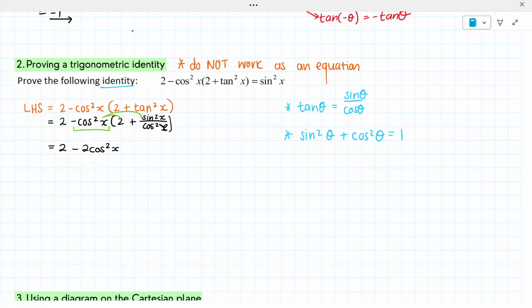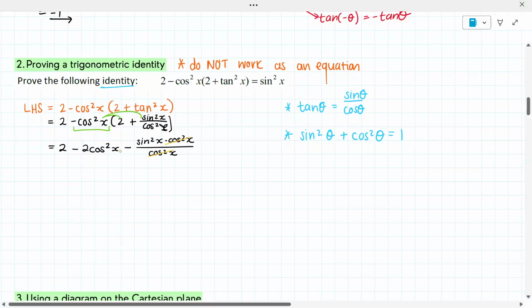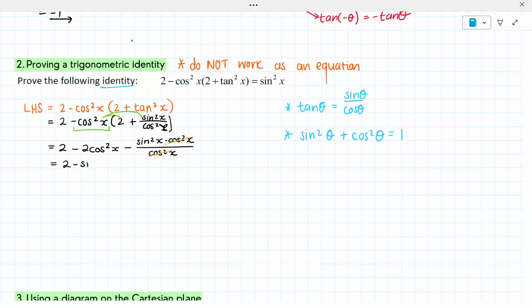And then if you multiply the negative cos squared x with the fraction, you get a negative sine squared x times cos squared x all over cos squared x. What you can see is that these cos squared x's divide away. And so that last term is actually just a minus sine squared x.